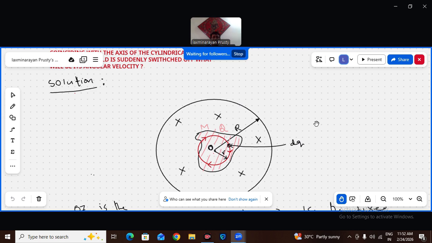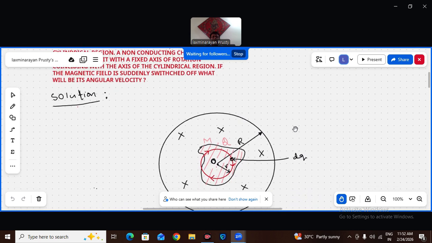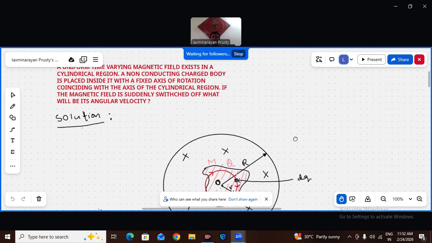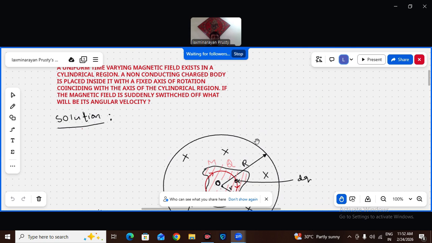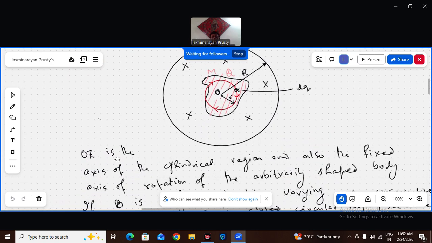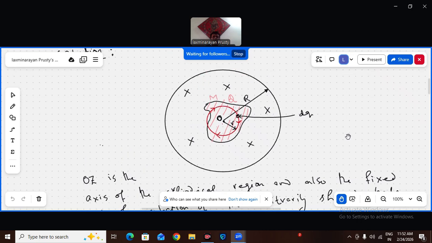Call it OZ. This is the XY plane. OZ is the axis of rotation and also the axis of the cylindrical region. This arbitrarily shaped body, as I did, is the shaded one.